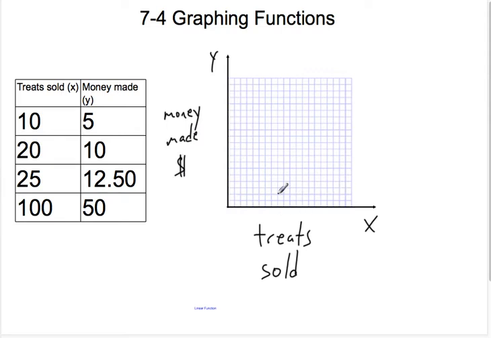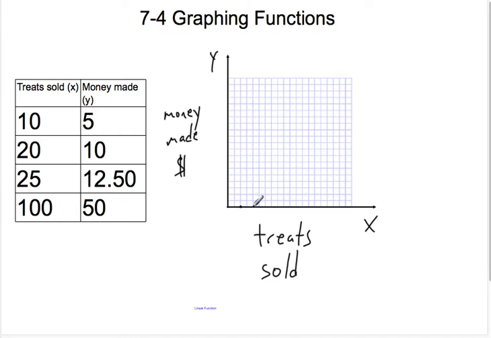So now we need to label the numbers here. Now the chart for treats sold goes from 10 to 100. So we can start at 0 here. That makes sense. And we need 100 to be on this chart somewhere. So 10, 20, 30. It looks like each 2 lines is worth 10, or each grid line would be worth 5, and we can fit everything on there.